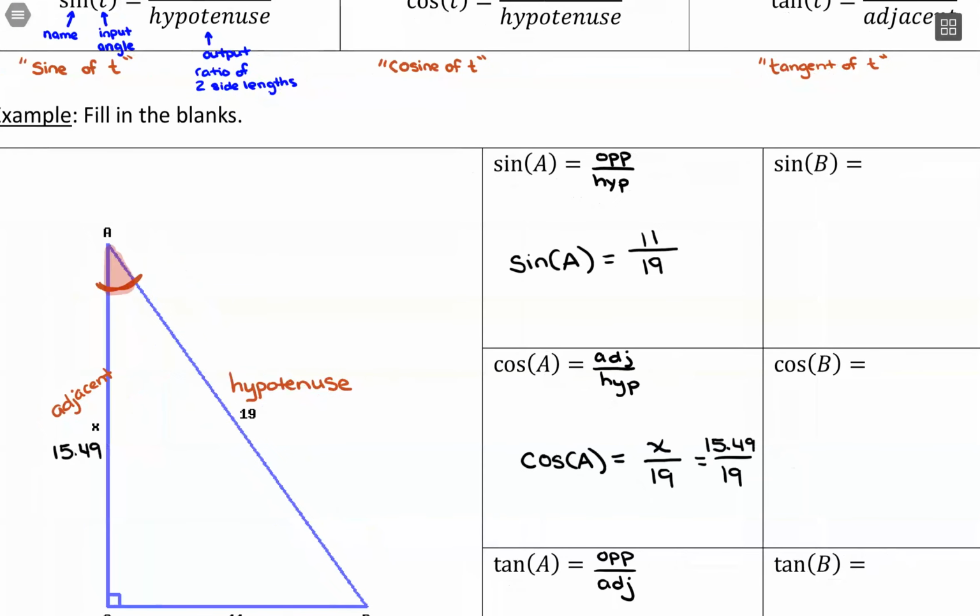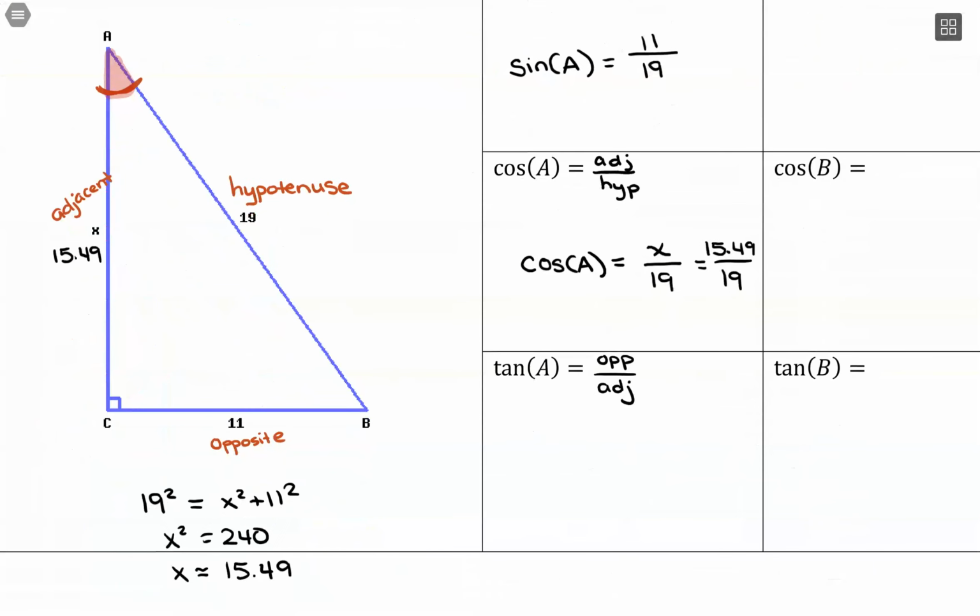Here we just said fill in the blank, so it's kind of weird to have a decimal within a fraction, so I'm just going to take that one step further. Said I was going to skip all of that, but it's good to see. So this would be 0.8153. It didn't say to solve for x, so you could leave it as x over 19. But we are capable of solving for it because of that Pythagorean theorem.